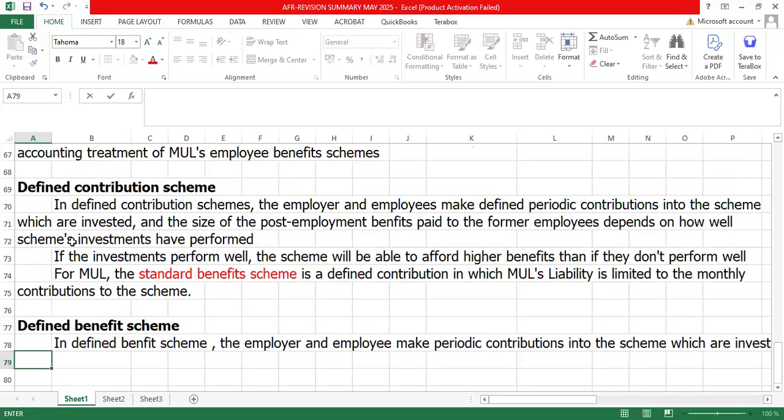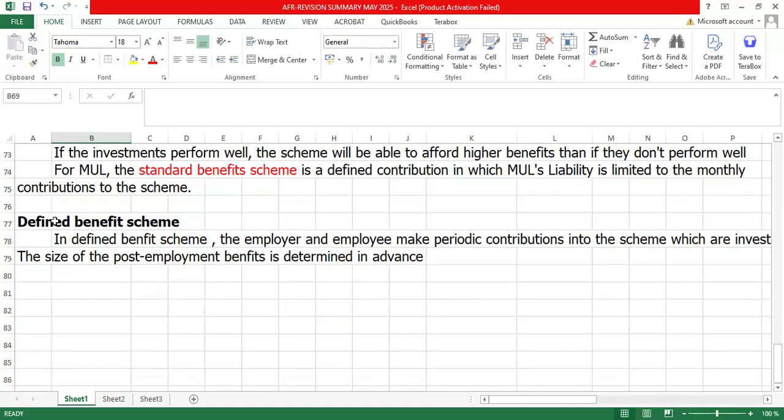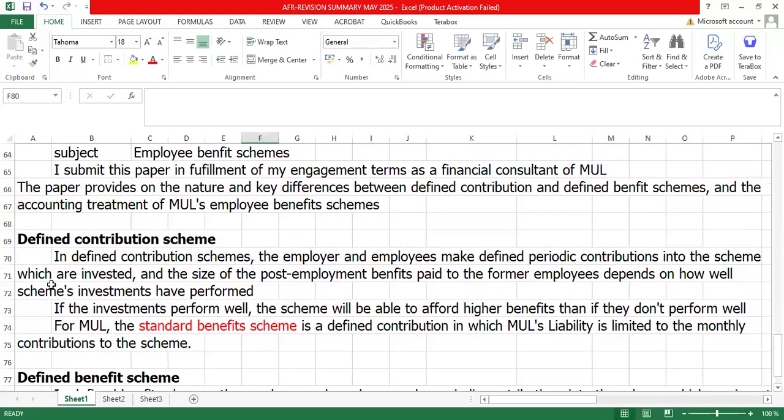This is different from the other. Here, as you enter into this scheme, you define what will be the benefits at the end. But the other one depends on how the investments have performed.